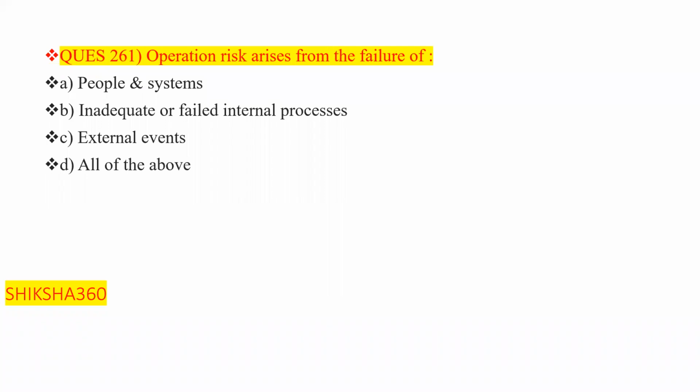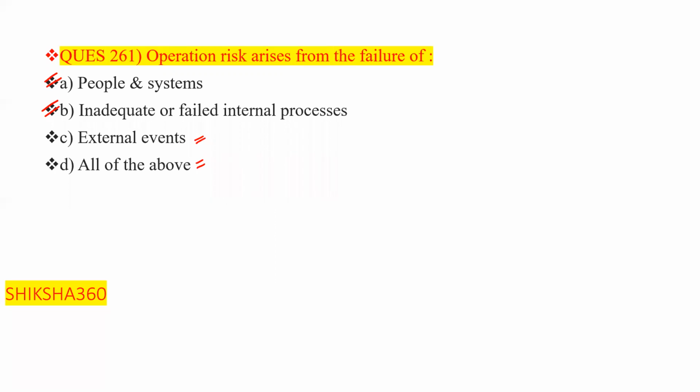So the next question: operational risk arises from the failure of: first, people and systems; second, inadequate or failed internal processes; third, external events; fourth, all of the above. So what is the correct answer?